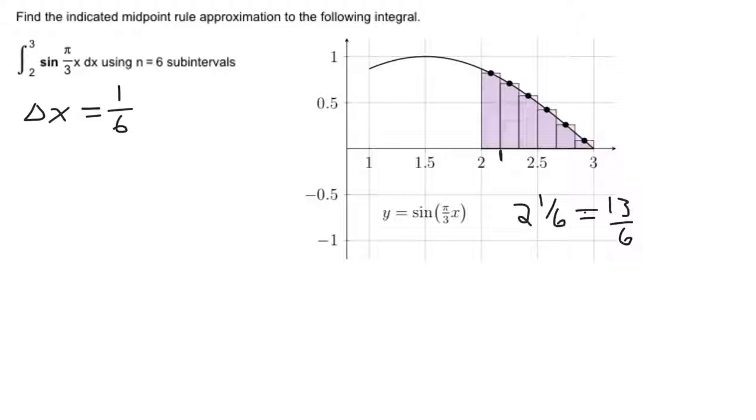But that's not the x-coordinate where I'm taking the reading, where my points are. My point's actually halfway in between 2 and 13/6. And so that's actually at 2 1/12 of all things. So this is, sorry, looking, this is 25/12.